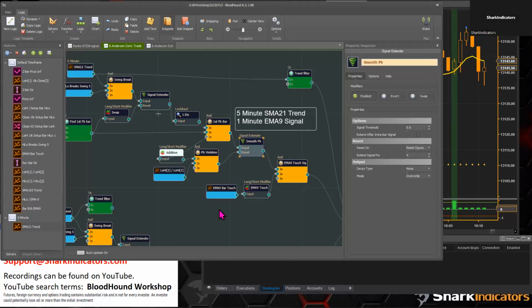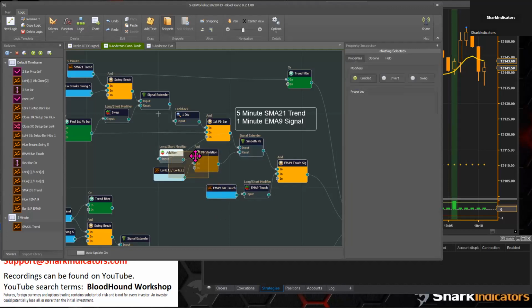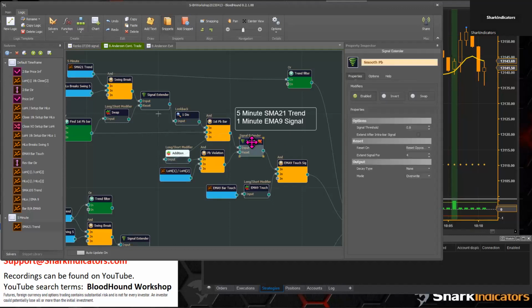I could have actually generated a long signal. When the high prices went higher, I could have generated a long signal to reset the signal extender. It just depends on how your mind thinks about it and processes those violations to reset or turn off the function nodes.